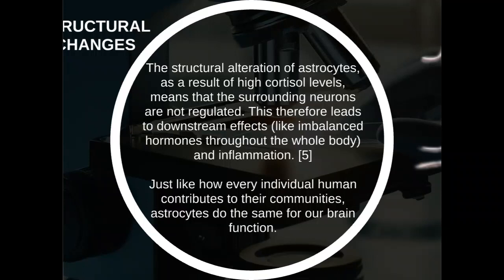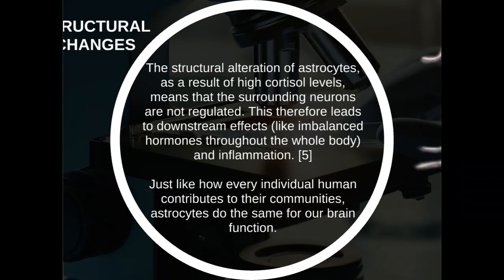And so there'll be some different structural changes. There'll be an alteration in the actual shape of the astrocytes. Due to the high cortisol levels, the surrounding neurons are not going to be regulated. So the other cells that send all the chemical signals and messengers in our brains will lose that regulation, because that was the purpose of these beautiful astrocyte cells. That means there are different downstream effects. For example, imbalanced hormones.